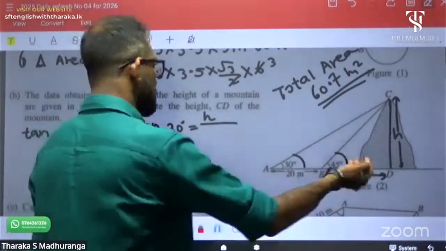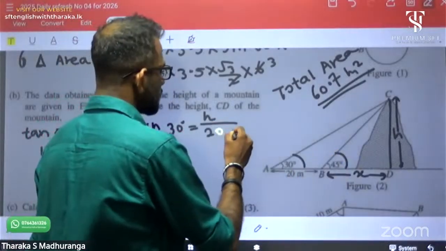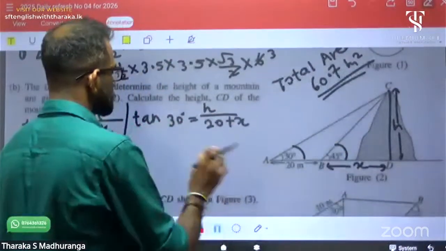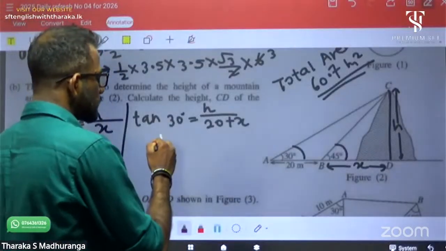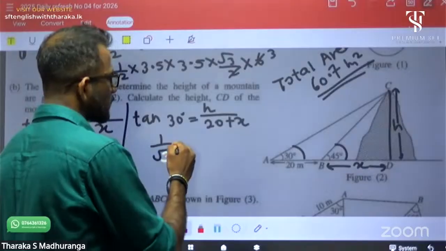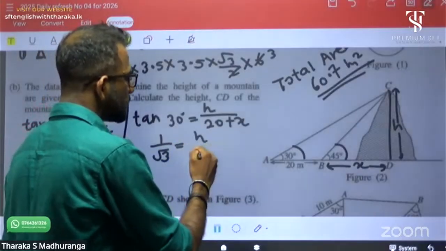Very good. 20 plus x. Tan 30 is 1 over root 3, equals h over 20 plus x.